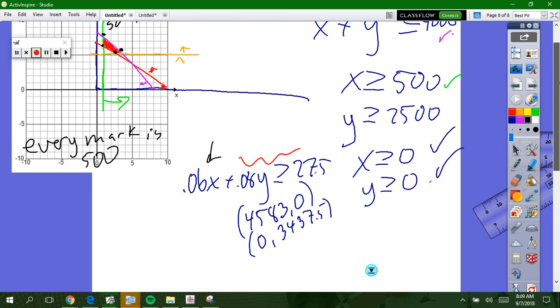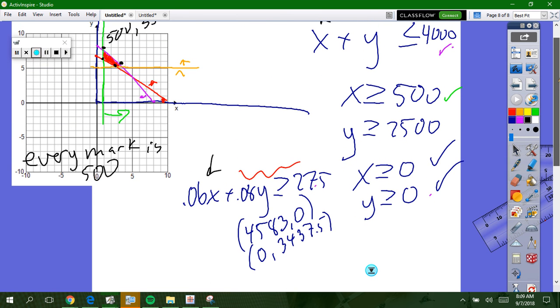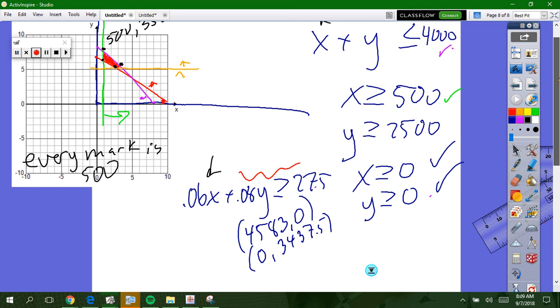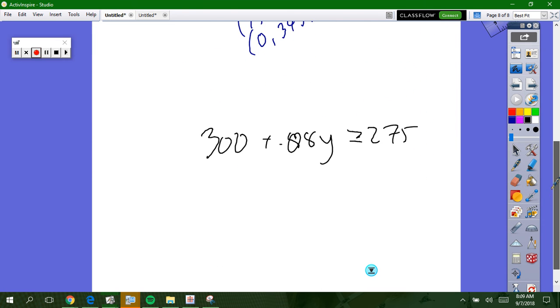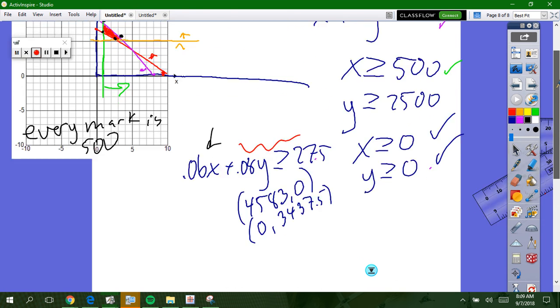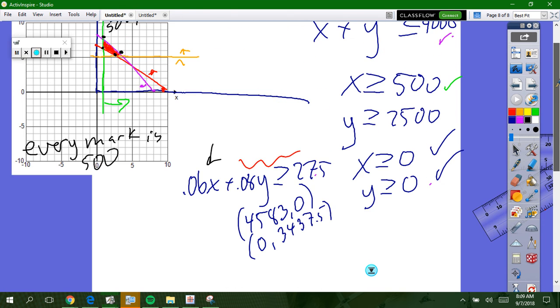I don't know what I did wrong there, but something's wrong.